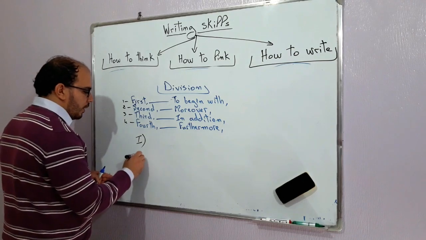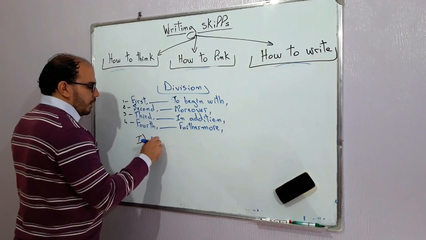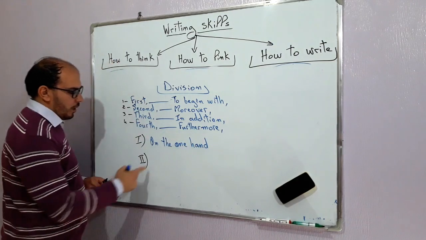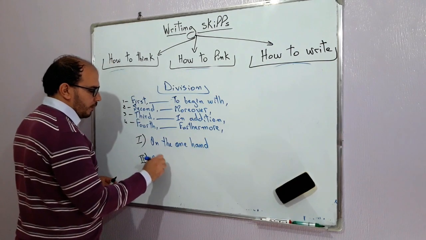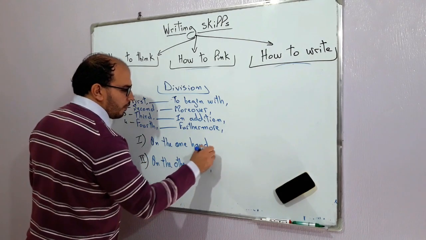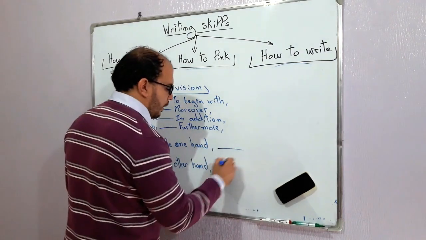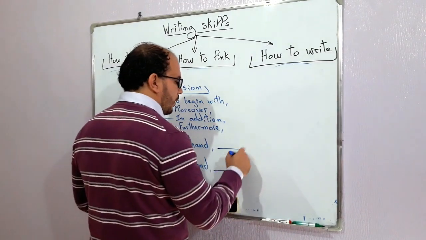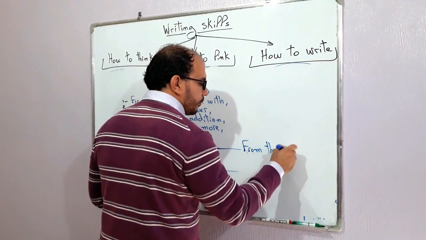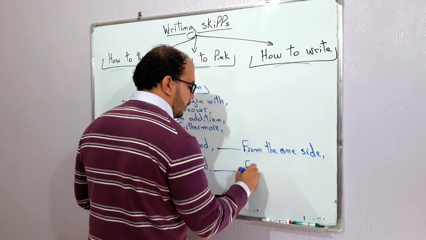Suppose that I want to divide my ideas into two parts. So I have one and then I have two. For this we say on the one hand, and for this we say on the other hand. So on the one hand, on the other hand, or I can say from the one side and then from the other side.